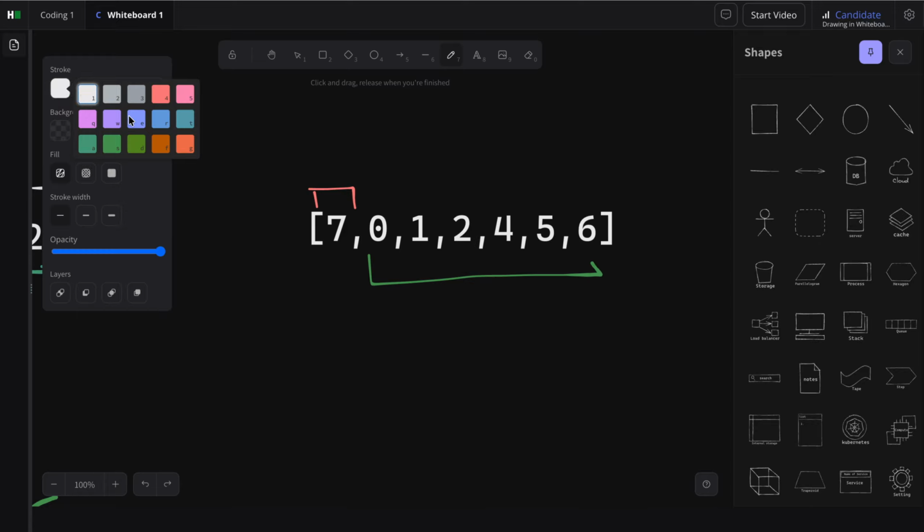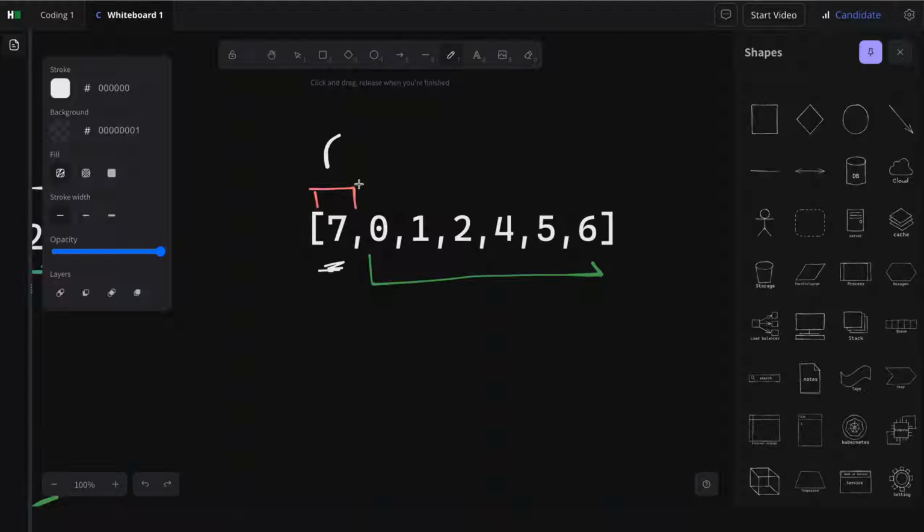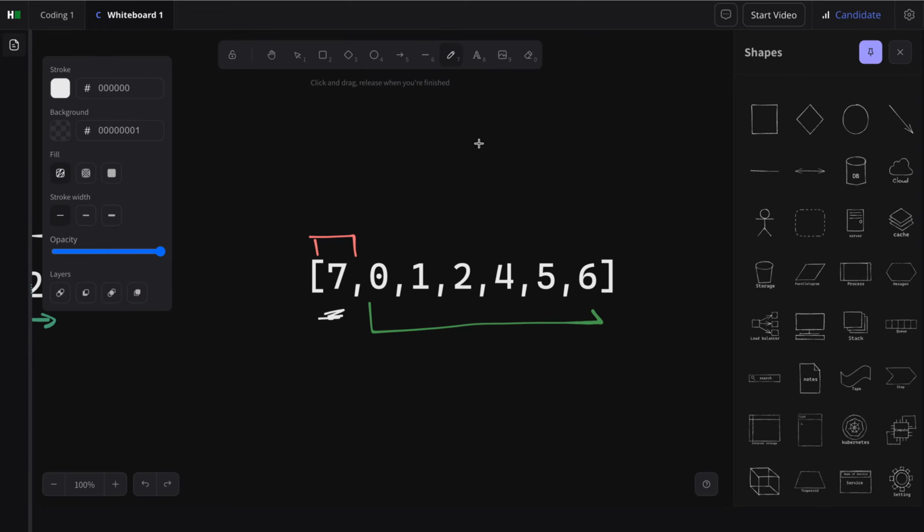And then if this is greater than our target, let's say the target is 0, well, it's in the left sorted, so it's in this one. Sorry, just one second. So we have our target 0.